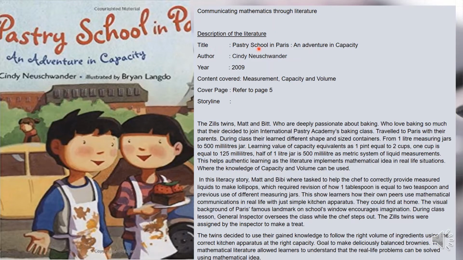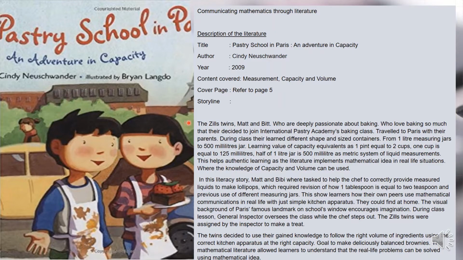The first thing they asked for is the title: Pastry School in Paris, an Adventure in Capacity, then the author, the year, the content covered, and the cover page. I said they should refer to page 5.